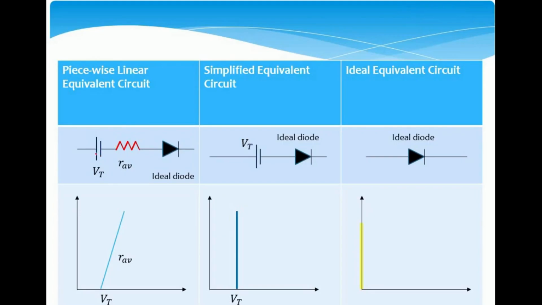And we also consider, now just closely observe that the polarity of the battery is inversed. I'm emphasizing this point, this battery is just indicating that the input voltage has to cross this value in order to push the diode into the conduction mode. It is not a physical battery connected in this circuit. It is indicating that the input voltage has to overcome the value.